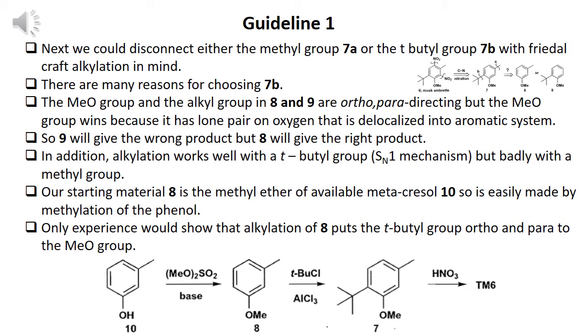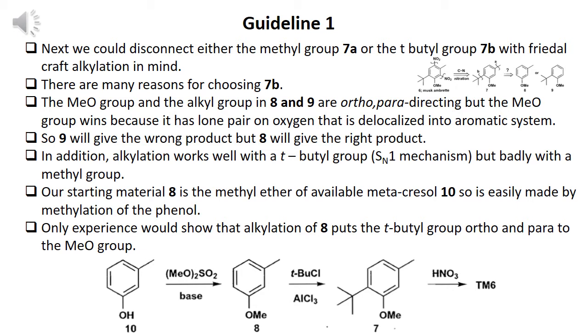So 9 will give the wrong product but 8 will give the right product. Look at the mini disconnection I have shown on the slide. If we choose 9 and try to make 7 from 9 by Friedel-Crafts alkylation, that will give the ortho-para product. So we cannot get 7 from 9, but 8 will give the right product.